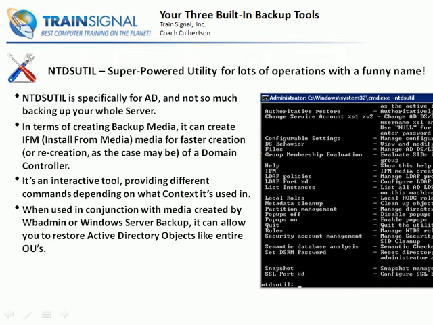You can actually restore individual items back to your Active Directory, but you can't do that if you don't have backup media that has been created from WB Admin or Windows Server Backup. So ntdsutil plus wbadmin or Windows Server Backup, as the case may be, is a very powerful combination, and once you start to see what it can do, you're really going to like it.